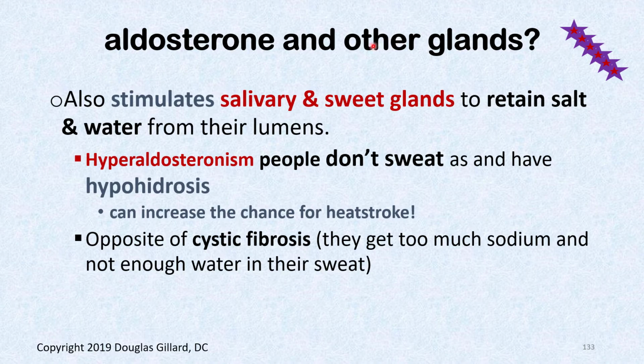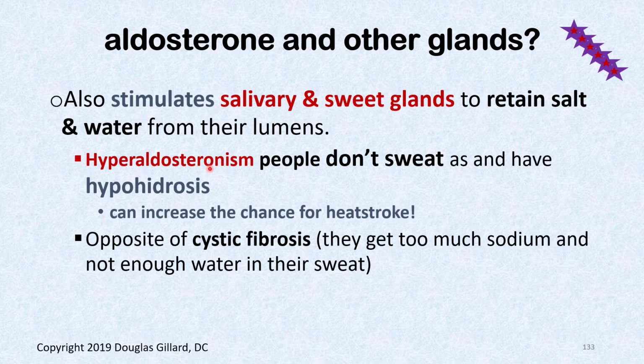There's some other glands too. Aldosterone can stimulate salivary glands and sweat glands to do about the same thing. They retain salt and water. So people with hyperaldosteronism, for example, now they're retaining too much, right? If there's too much aldosterone, you're going to retain or conserve too much sodium and water.